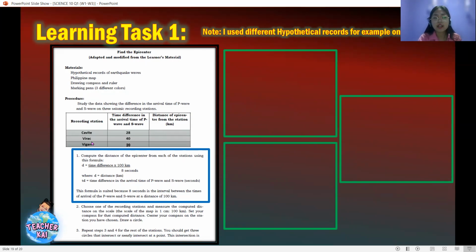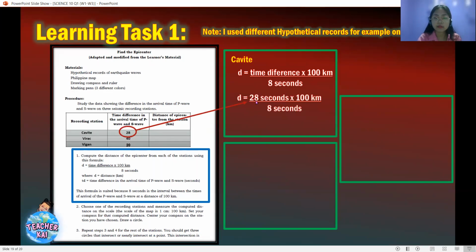So let's try. Punta muna tayo kay Cavite. So sa Cavite, we have the time difference in the arrival time of P wave and S wave. So write muna natin yung formula. D is equal to time difference times 100 kilometers over 8 seconds. So now let's substitute. Yung 28, which is the time difference, ay isa-substitute natin.